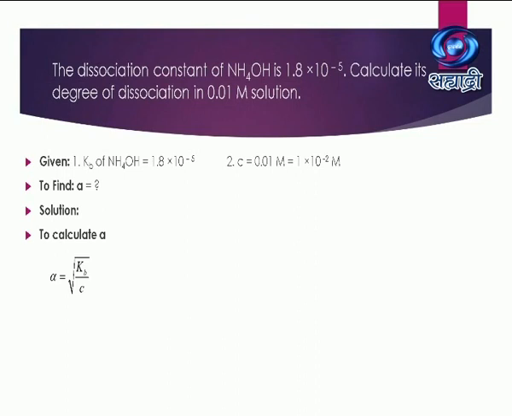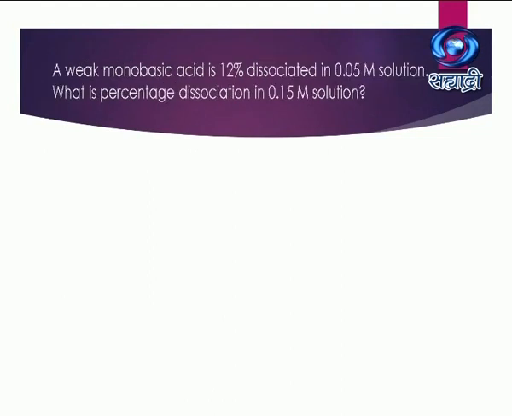So to calculate alpha, use the formula alpha is equal to under root Kb upon C. Kb is given: square root of 1.8 into 10 raised to minus 5 upon 1 into 10 raised to minus 2. And so it is square root of 1.8 into 10 raised to minus 3. Adjusting the power of 10, it is square root of 18 into 10 raised to minus 4. So alpha comes out to be 4.242 into 10 raised to minus 2.